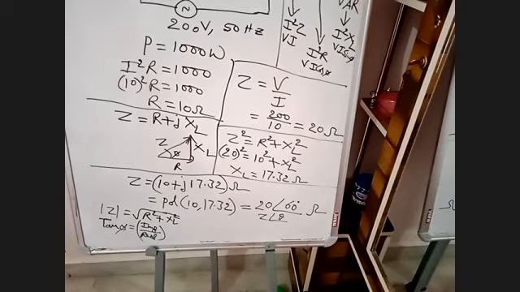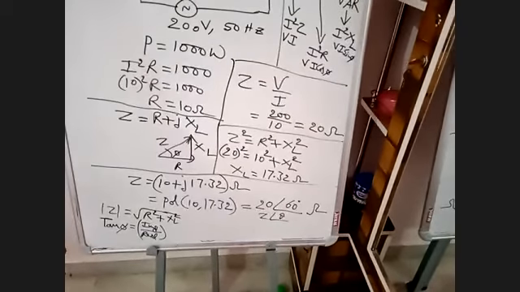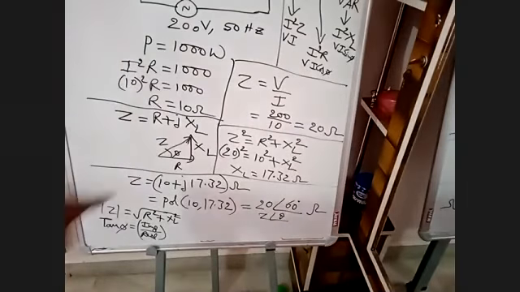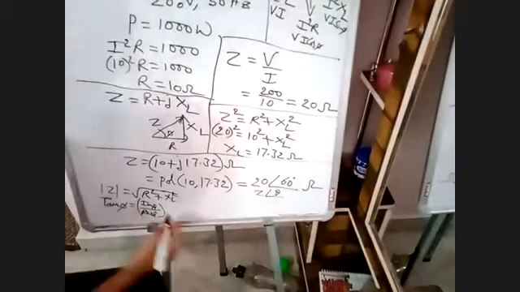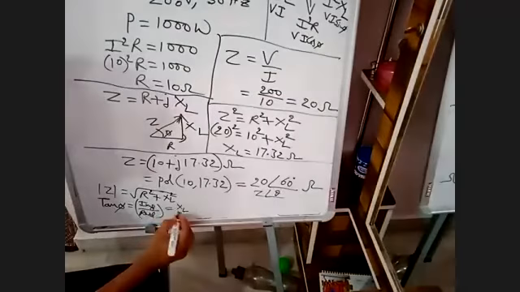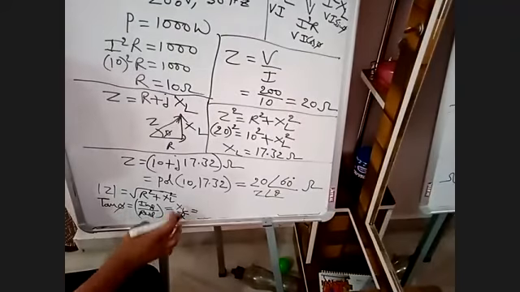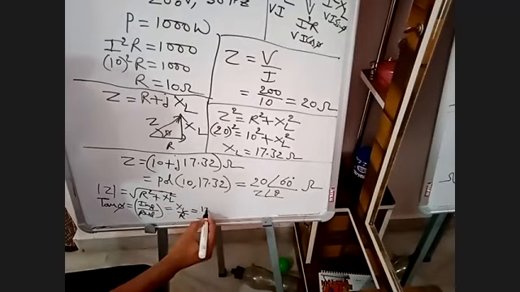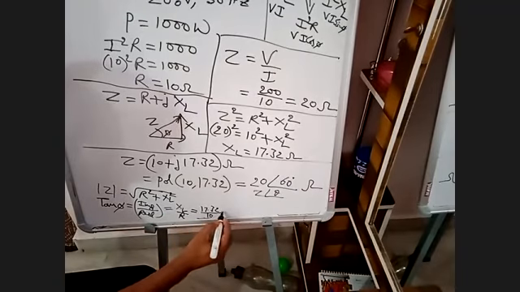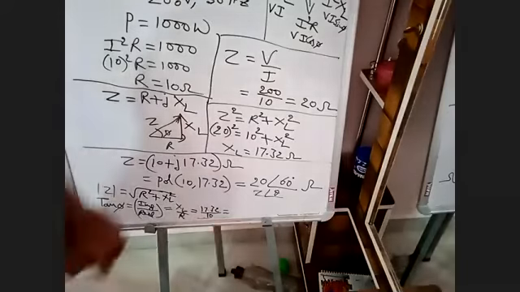Otherwise, we can draw the right angle triangle. One more method is there. Already right angle triangle is there. See, what is tan phi from this triangle? XL by R. XL by R. You know XL, 17.32, divided by R, which is 10. Take tan inverse of that value.